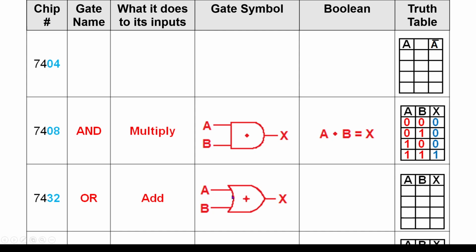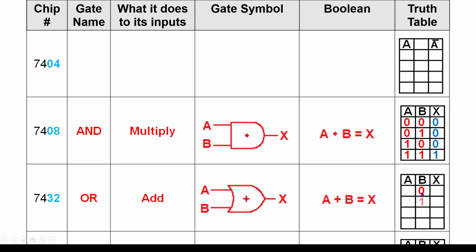But it adds. That's why there's a plus here. That is not normal when we're representing gates, but I like to put them in. It helps my students remember. What we're doing then is we are taking inputs A and B, and we're adding every possible combination of A and B and figuring out the result. The Boolean equation then for this is simply A plus B equals X. If you remember correctly, the truth table has just a binary count on the inputs.